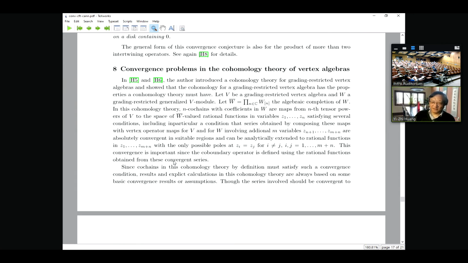We conjecture that this vertex tensor category can be used to reconstruct the vertex algebra. So this is the category side of the story for vertex algebras.